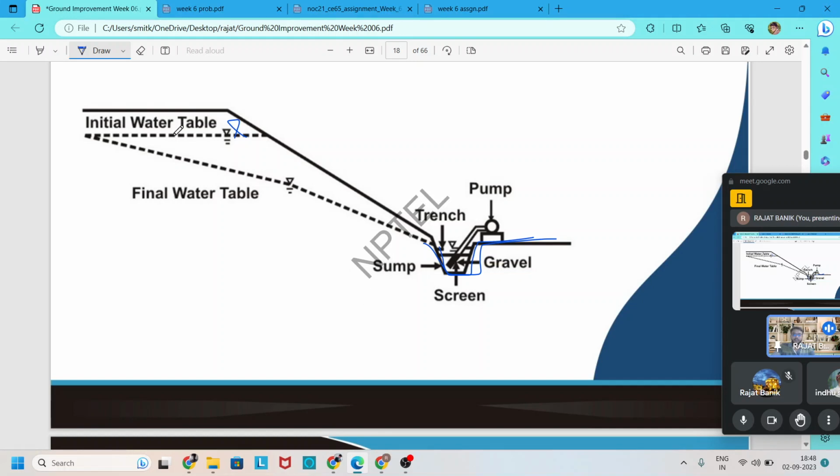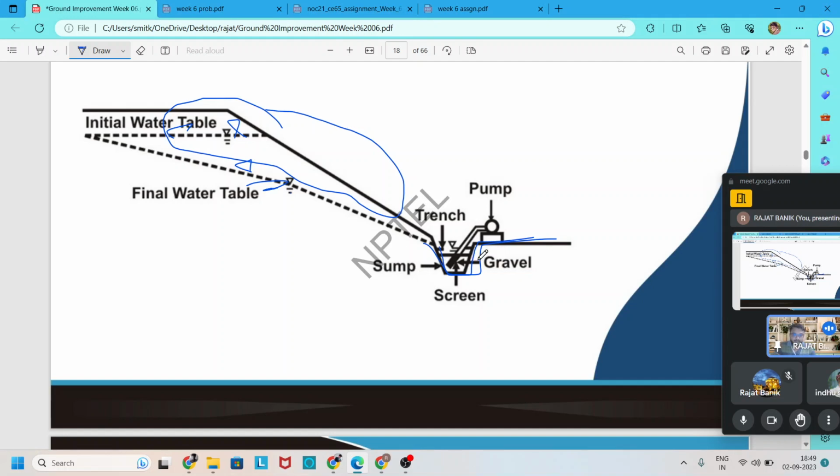Like that, the original water table is reduced or drawn down to that level, and the slope above the water table, after this arrangement, gets safe.